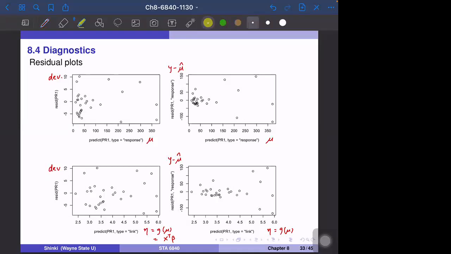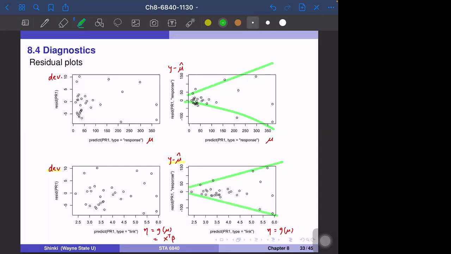In this case, actually the deviance residual is important. The size of y minus mu hat depends on the level of mu hat, so actually you can see some increasing trend like this.